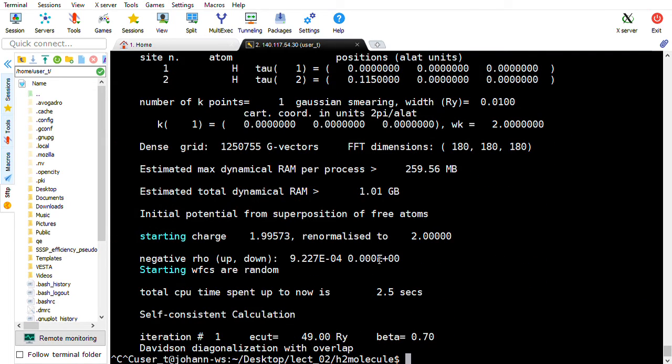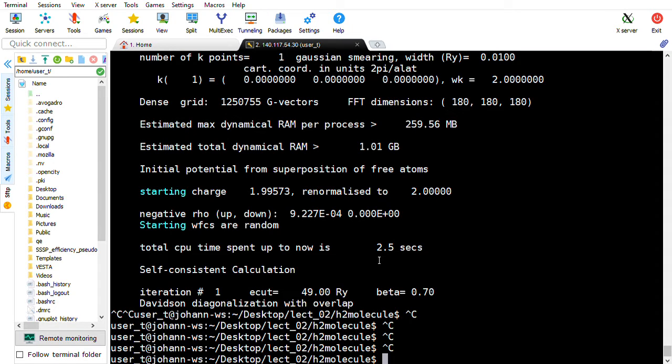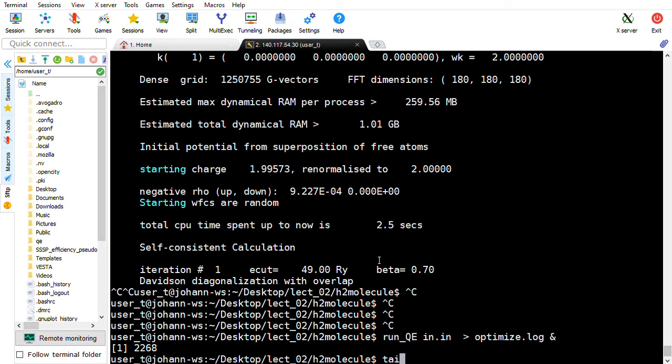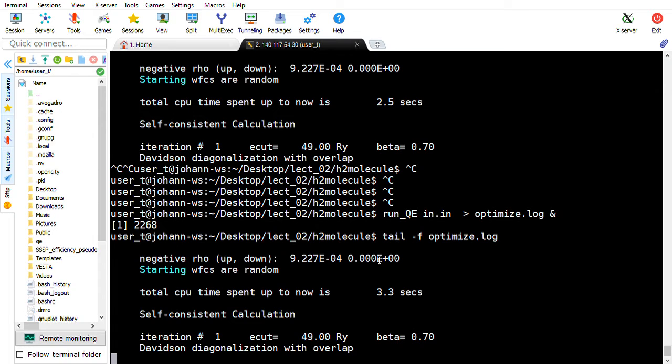So what I do now is I cancel the calculation with Control C. I redirect the output in optimize.log. I put the calculation in the background, and then I tail the progress of the optimization.